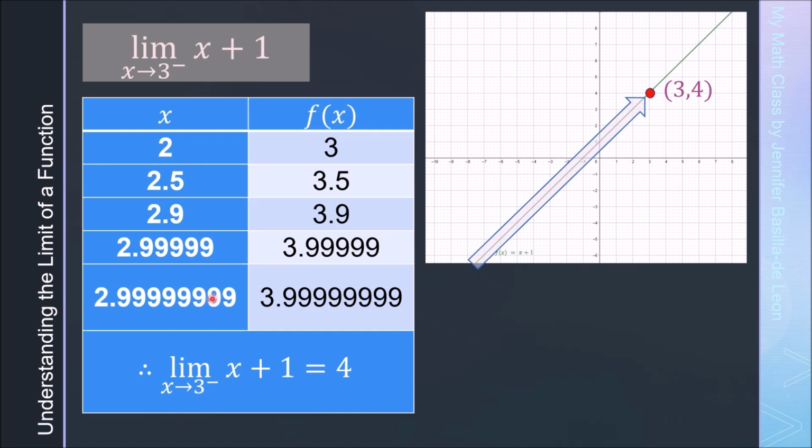And if we choose a number that is much closer to 3 from its left, the value of the function gets closer to 4. Therefore, the limit of x plus 1 as x approaches 3 from the left is 4.